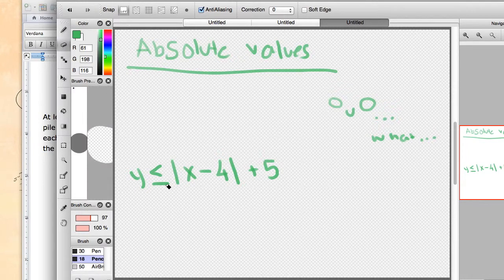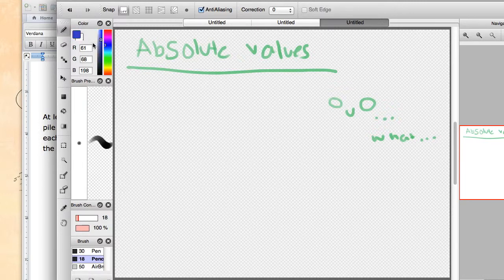Now let's do another one. Let's do a different color, that indigo blue color. Negative y plus 3 is greater than the absolute value of x plus 1.